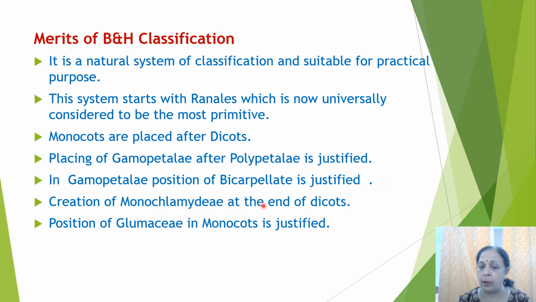Creation of the Monochlamydeae group at the end of the dicots is also good, and the position of Glumaceae in monocots is phylogenetically justified. Our phylogenetic principles also accept the Glumaceae as the most advanced family. So this is a natural system of classification, and it follows phylogenetic trends all over the plan of this classification.